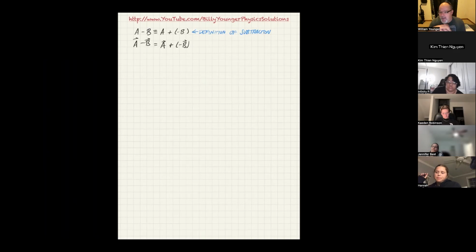Now, that's what happens, period, with the magnitudes. The other problem is you can multiply it by a positive number, in which case the direction does not change at all. And then finally, the fourth case is when you multiply it by a negative number, in which case the direction changes by 180 degrees. So that's how you multiply a scalar times a vector.